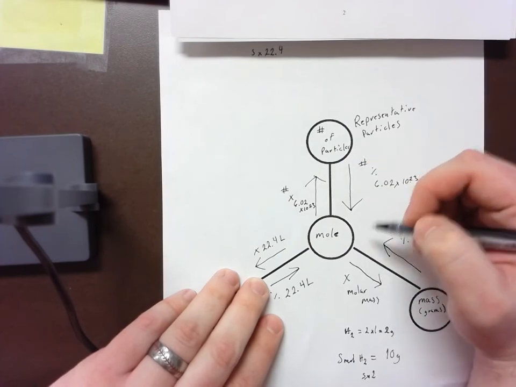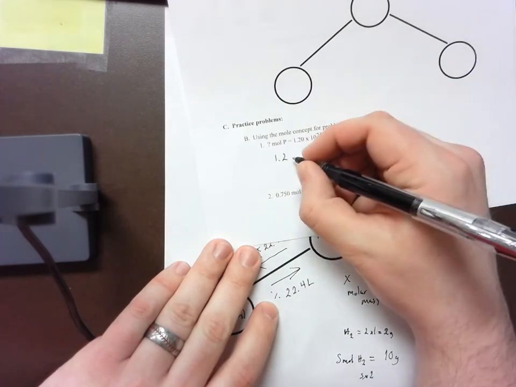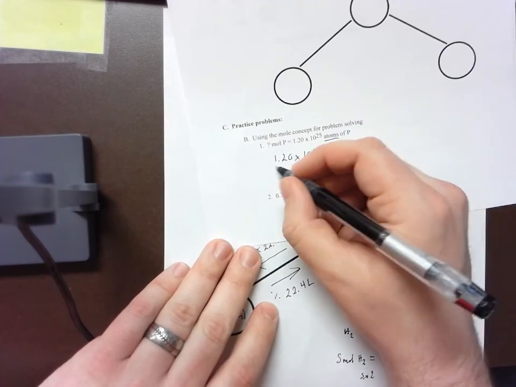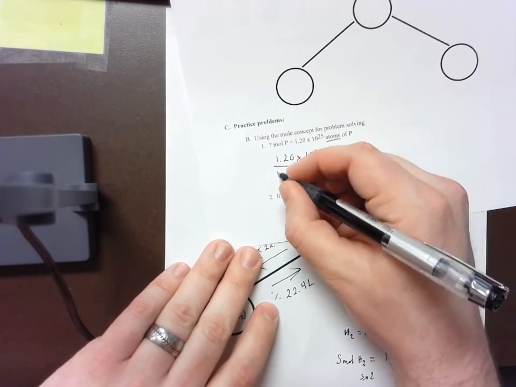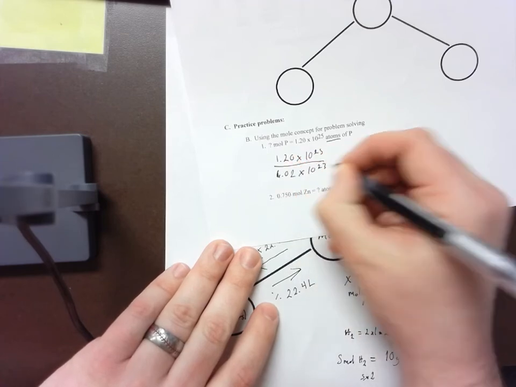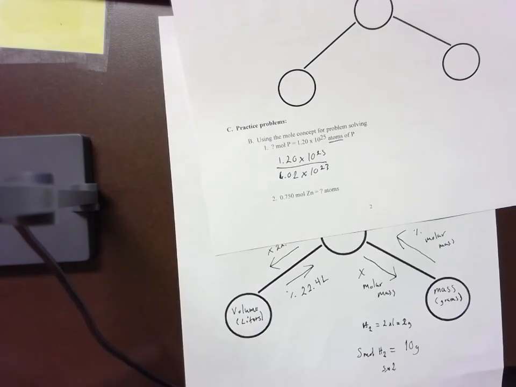You would take this number, 1.20 times 10 to the 25th, and divide it by 6.02 times 10 to the 23rd. You're more than welcome to do your math here, or you can just easily divide it. So remember, 1.2 divided by 6.02 equals.